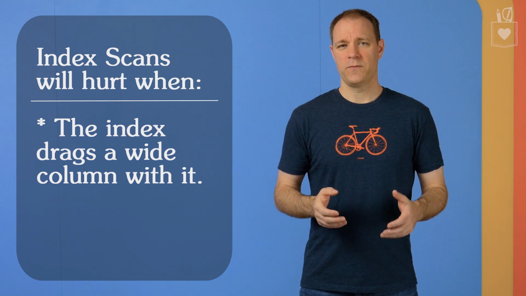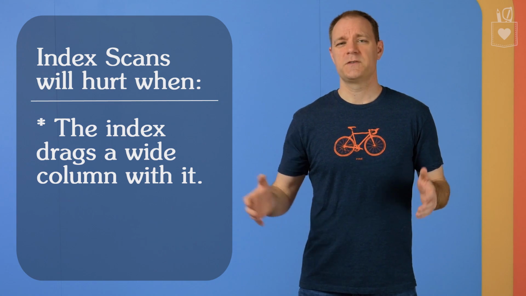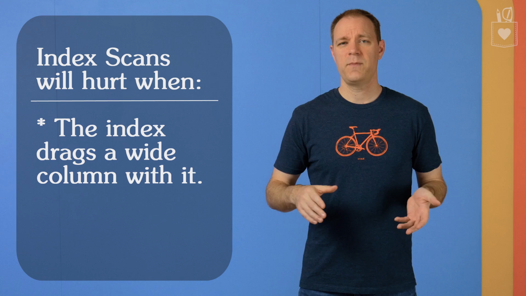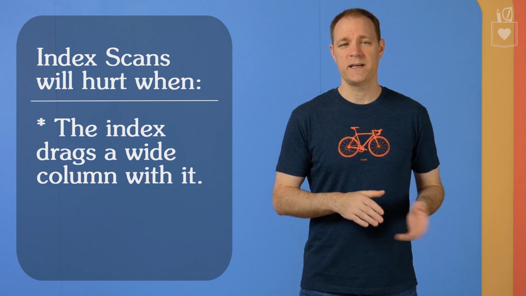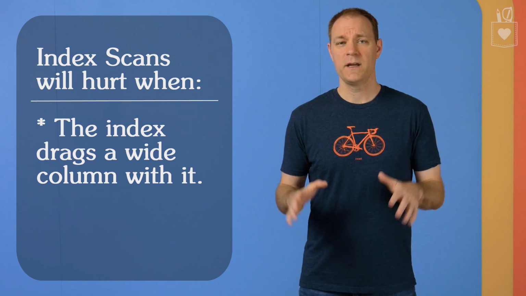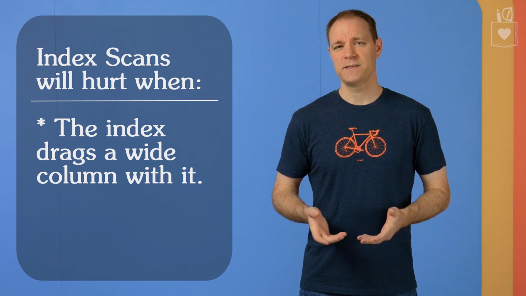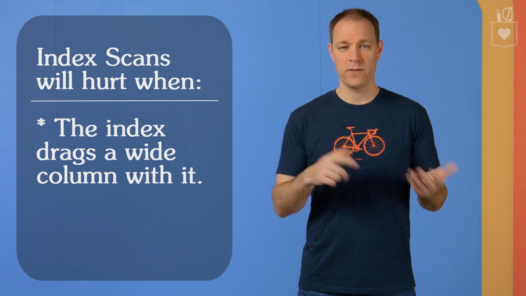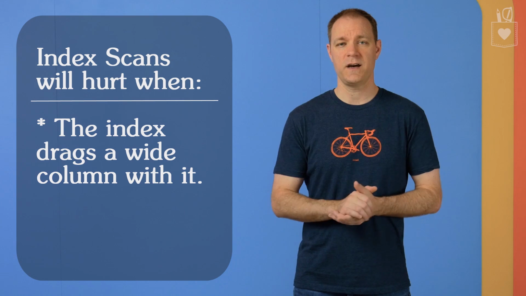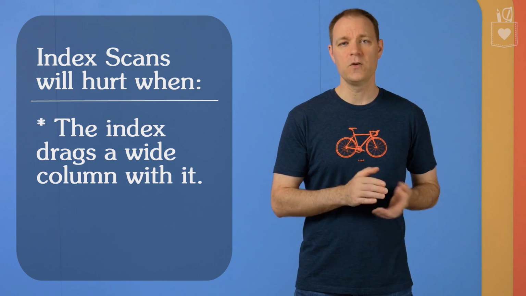Because what we want to do is avoid taking up a bunch of resources by pulling large columns into memory and pulling large columns from disk. Remember, the name of the game here is to make your footprint as small as possible. So in that instance, we may be better off creating another index, even if we're stuck getting an index scan from that new index. It may just be a better option overall.